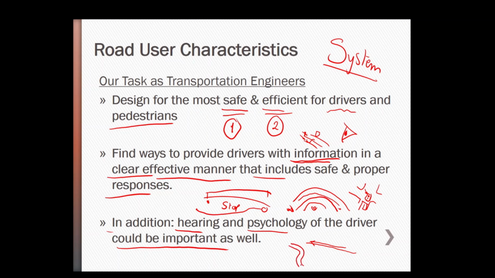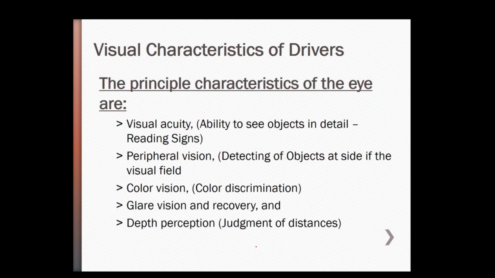His reasoning is the psychology of the driver: if you keep driving on a straight line for a long time, for miles, drivers will fall asleep and they might crash. Having a turn will wake the driver up, and this is part of the psychology of the driver. So again, sometimes the psychology of the driver enters into account.